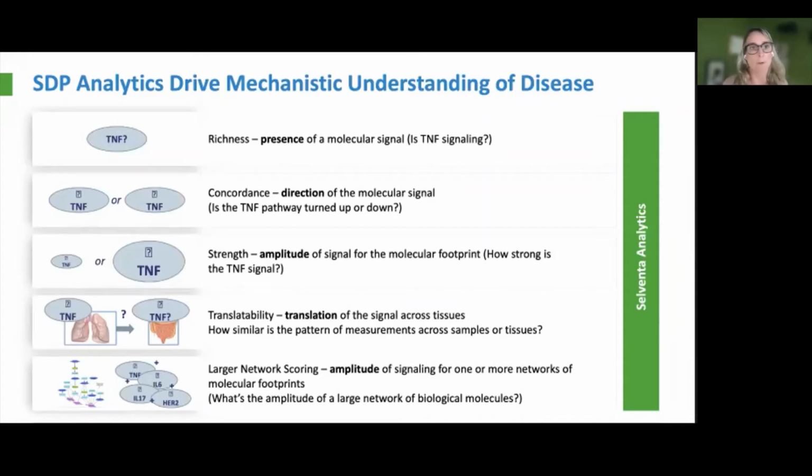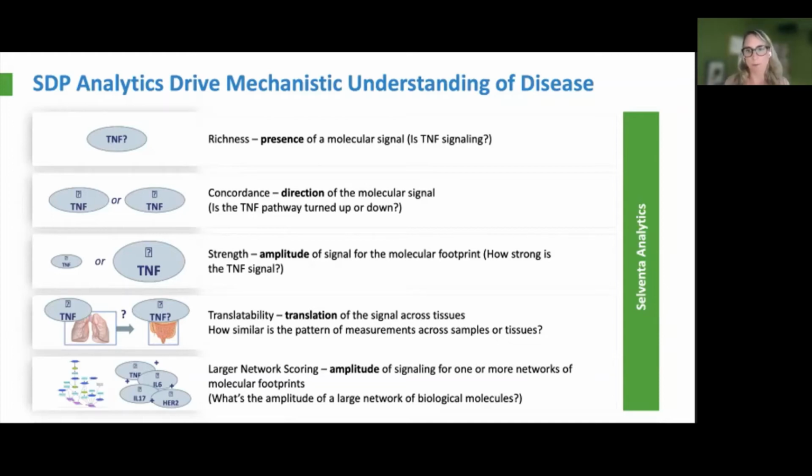Concordance is really saying what is the direction of that molecular signal, which is, do I predict that in my experiment TNF is increased in abundance or activity, or decreased in abundance and activity? And then the third thing, which I'll talk about a little bit later, is strength, which is a riff on this qualitative approach that allows us to get a relative sense of the amplitude of TNF signaling in one condition compared to another.